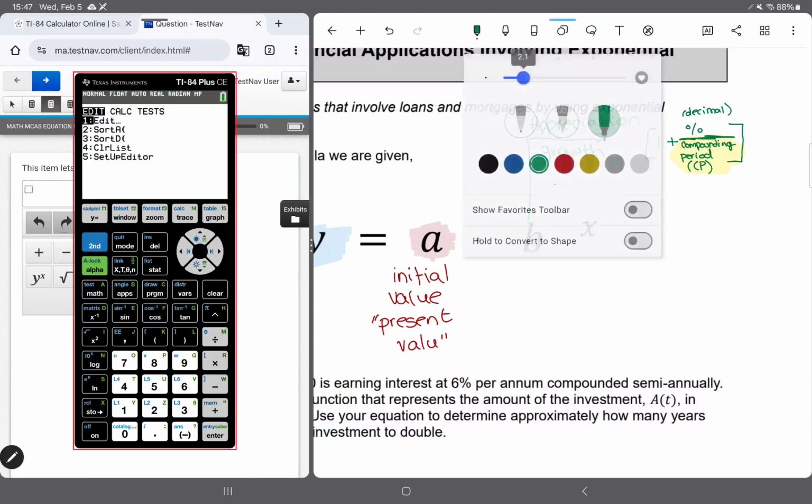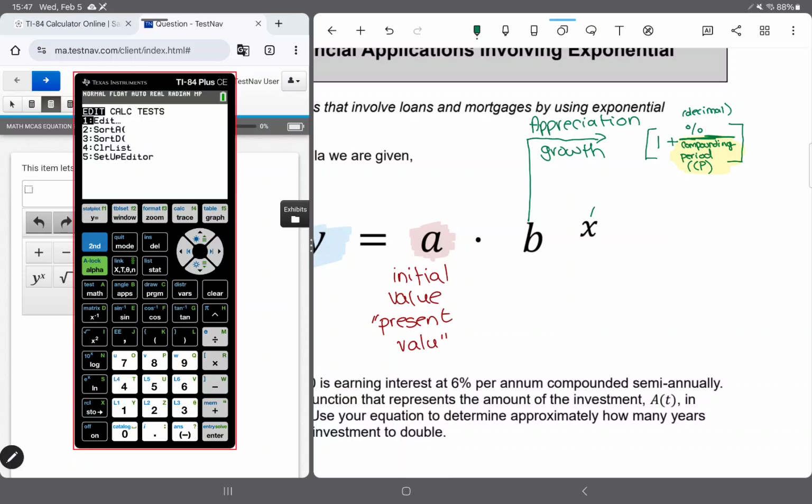This also affects what we put in as our exponent, because this is how many compounding periods.